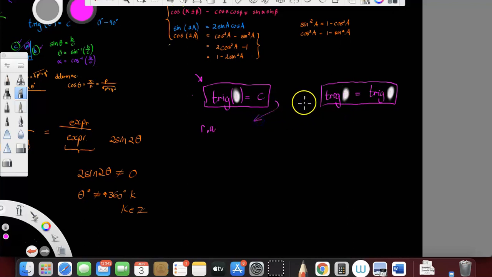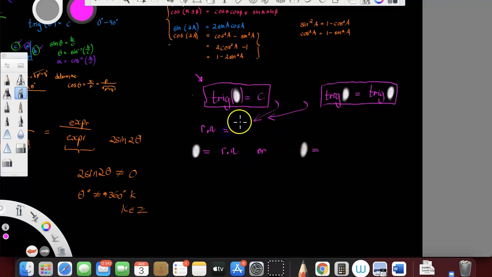From your reference angle, you say, okay, now whatever is in the ghost, it can be a whole expression, it doesn't matter, is now equal to, usually, your reference angle, or equal to something else where the angle is positive.